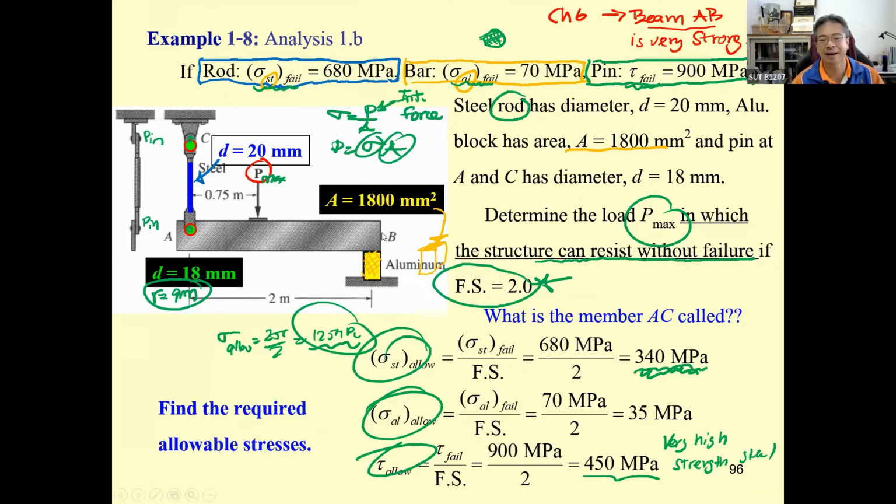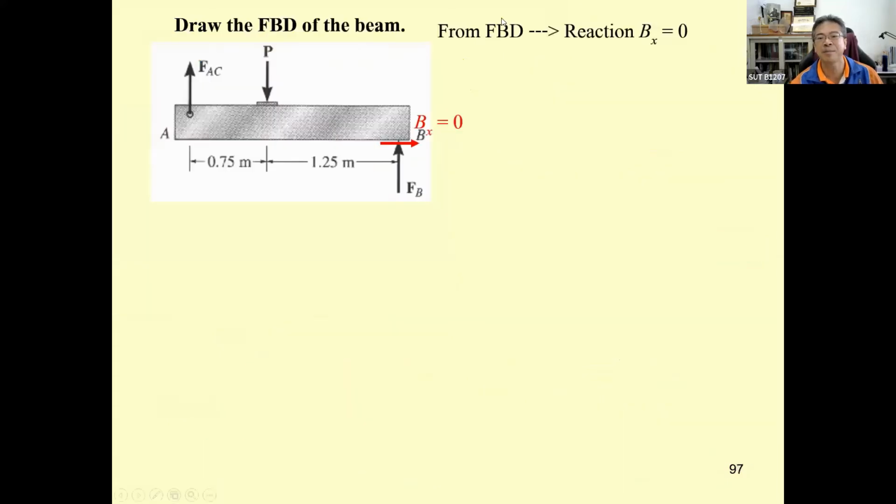And by doing that, we're going to determine the relationship between the forces. This is the external force, and to relate it to the internal force, we're going to use the free body diagram and equations of equilibrium.